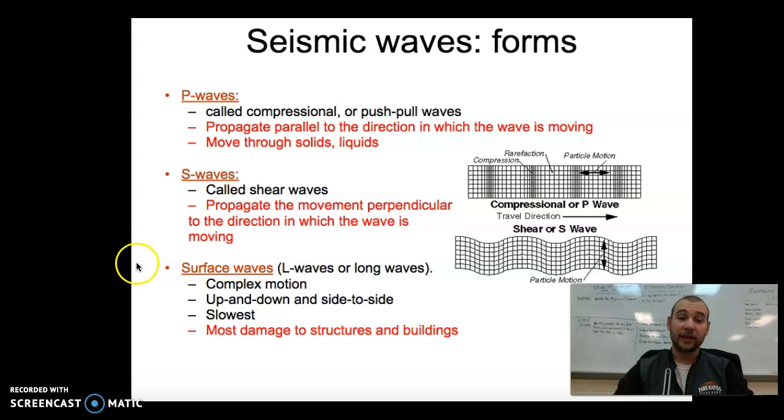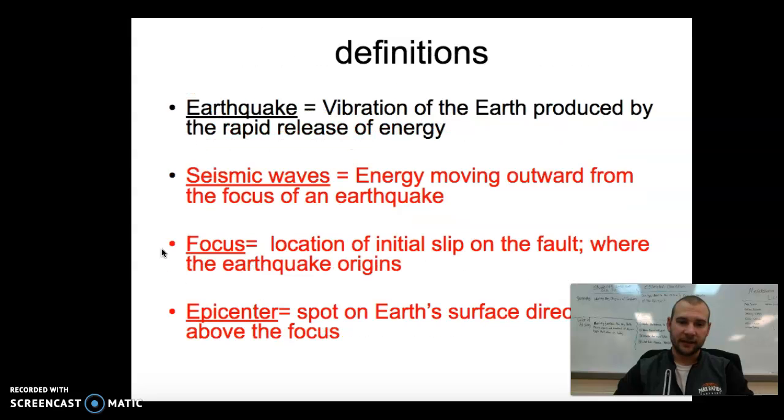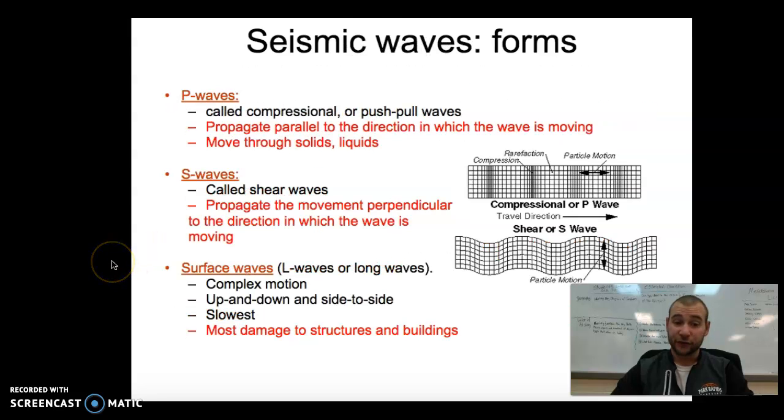Now, S waves are called shear waves, and these move basically up and down. They're not moving parallel with the waves, they're moving perpendicular, basically the opposite direction or against the grain. And last but not least, we have the surface waves, or L waves, or long waves.